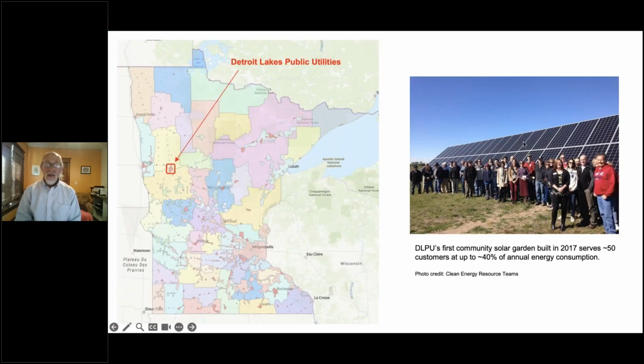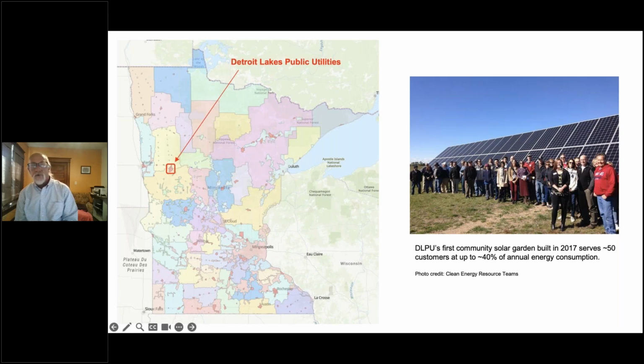The Chan Lab is a lab at the University of Minnesota, and we do a lot of research into co-op and municipal electric. And this project is with Detroit Lakes Public Utility and Mahube-Otwa, as you can see.